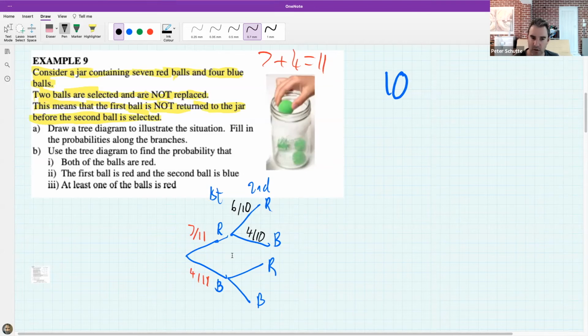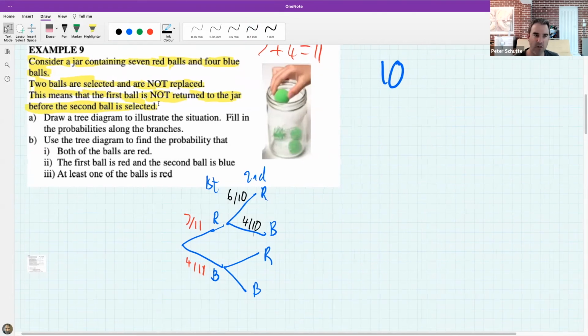Now let's go down. This gets easier the more we do it. Let's focus on this branch now. You drew a blue one, and now I'm going to try and work out the probability of this branch over here. Remember, you chose a blue one. How many balls are there in the container over here? There's still only 10, but because you chose a blue one to start with, what is this one over here going to be?